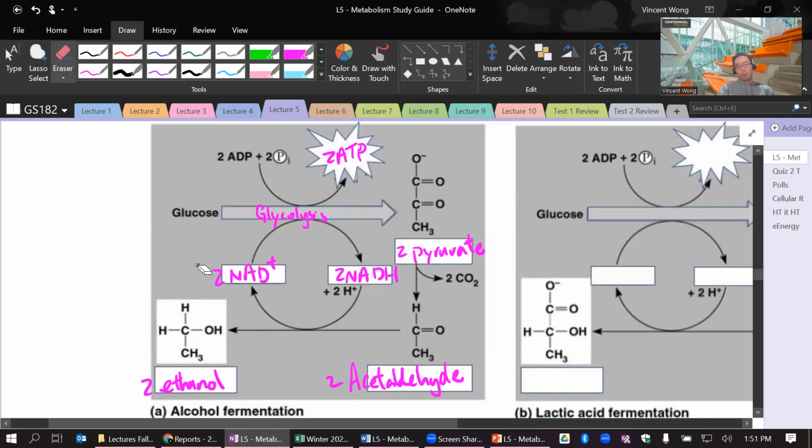And when you run out of NAD+, glycolysis cannot happen, right? So this reaction here, the pyruvate becoming acetaldehyde and then becoming ethanol, basically provides an alternate destination for those electrons. And you are able to regenerate NAD+ in the end so that glycolysis can keep on happening.